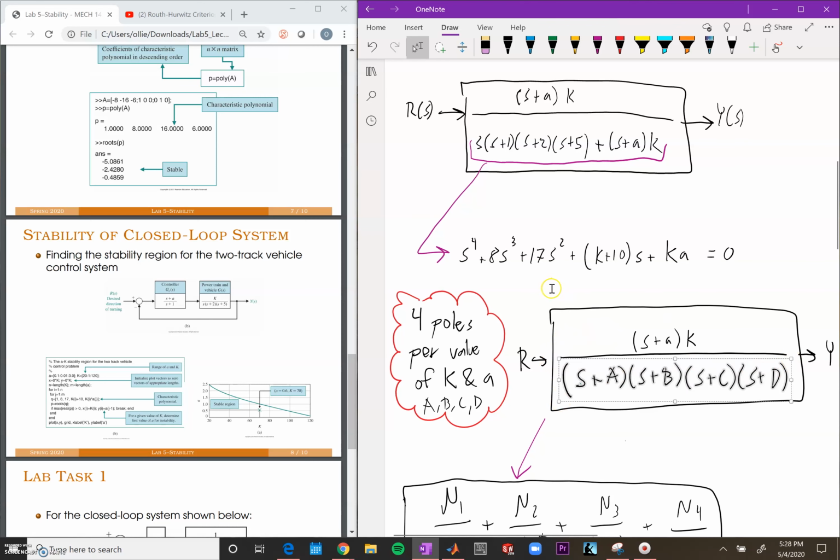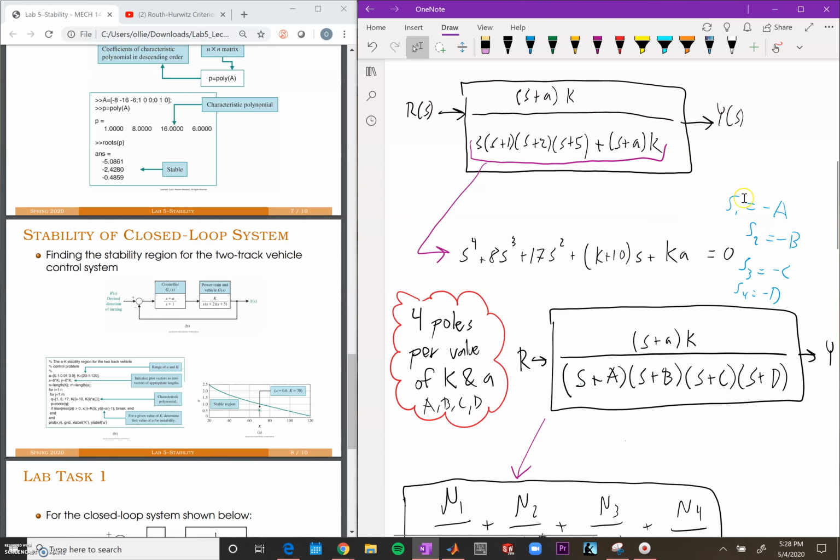So if the first pole is S equals minus A, the second is minus B, the third is minus C, and the fourth is minus D, we can put it in this form.